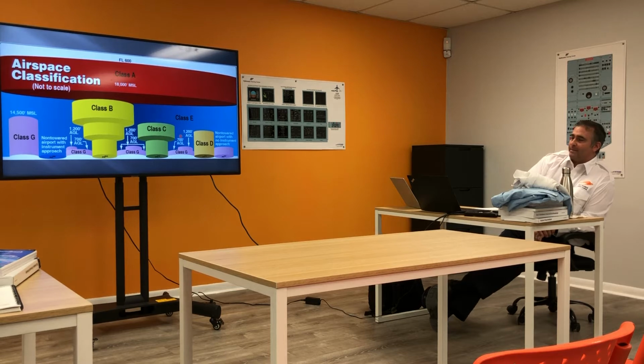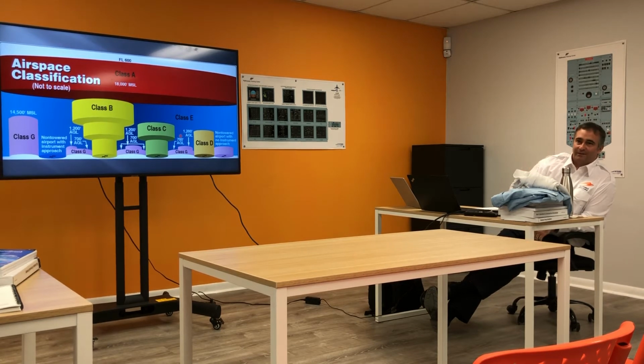There's always the almost or except when. Almost all the same means that Class Charlie should be those same dimensions, except go to Palm Beach, there's a little cutout for Lantana. Go to Fort Lauderdale International, there's a little cutout there for us, right? So there may be some cutouts for other airspaces.